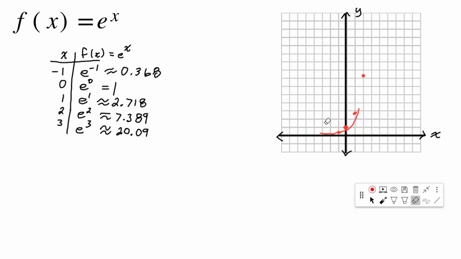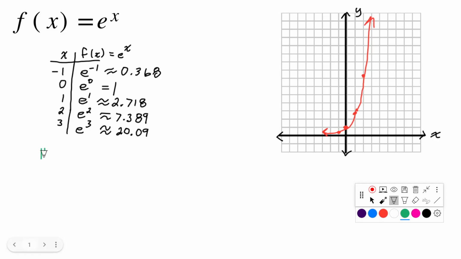So we are going to have a curve that looks something like this, what we would expect for an increasing exponential function. It's never going to get to exactly 0, so we call this a horizontal asymptote. That's one of the features we need to know.